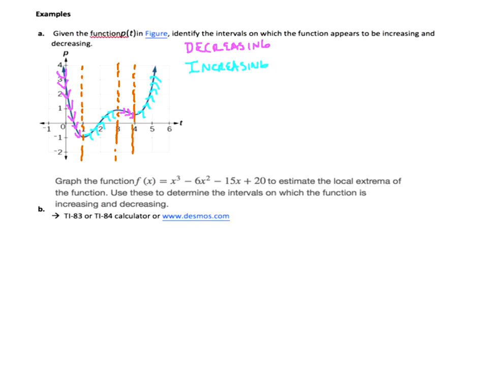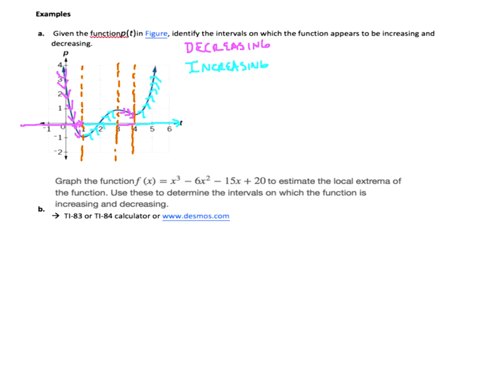So all the way from negative infinity up to positive 1, I am decreasing. And then at positive 1, I begin increasing, and that goes to positive 3. And then I decrease again from 3 to 4, and then I increase from 4 through positive infinity.